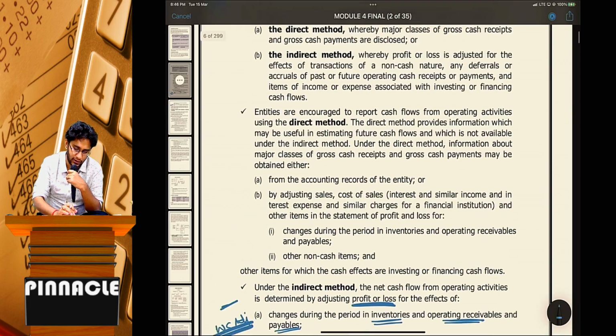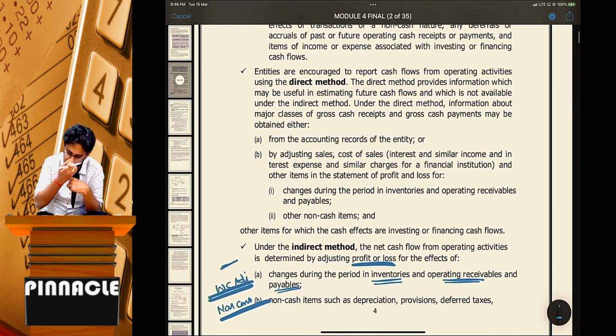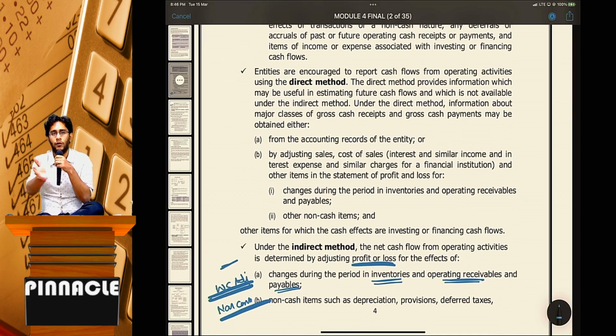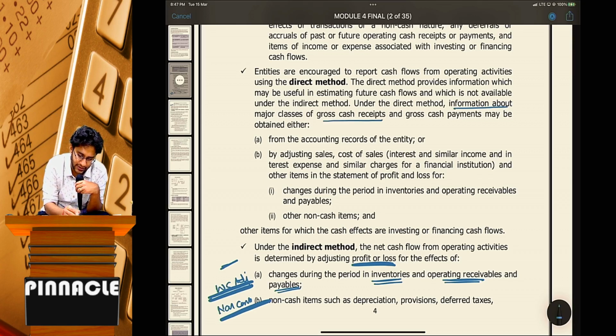Come to the direct method, what presentation is expected. Normally what we do is, every inflow you add, every outflow you subtract. This is a style of presentation. He says you can do that. Under the direct method, information about major classes of gross cash receipts or gross cash payments may be obtained from the accounting records of the company.